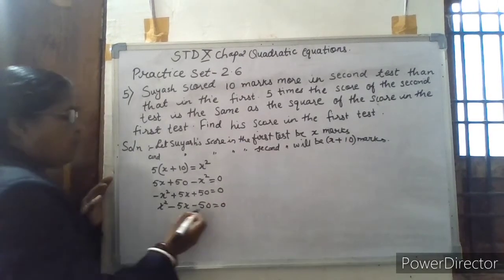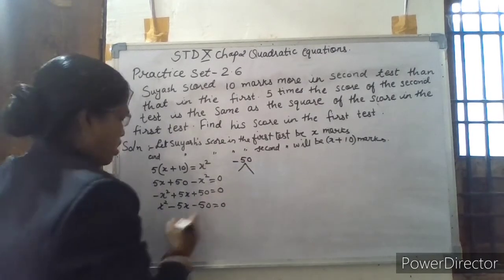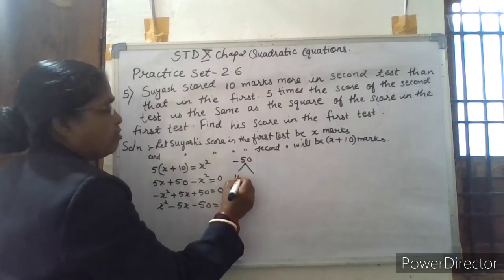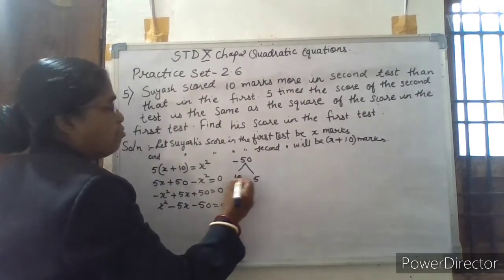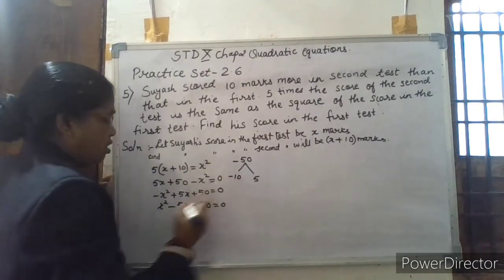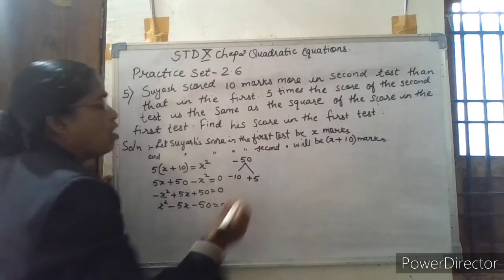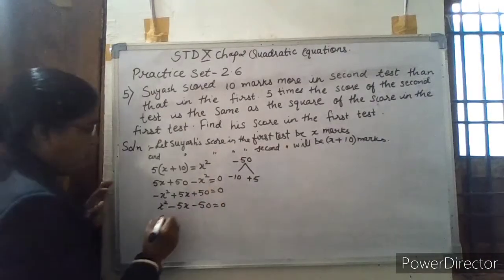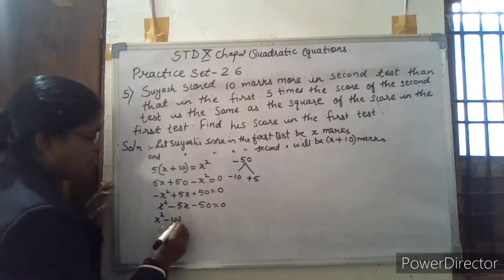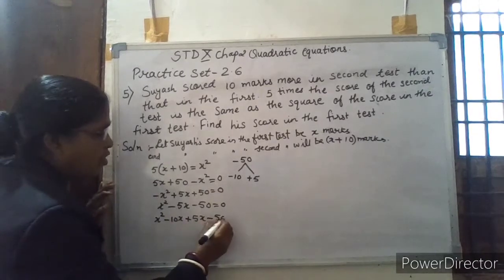Now factorize minus 50, to get the middle term minus 5. So 10 times 5 is 50, and 10 minus 5 is 5. So put the middle sign for the greater number, the opposite sign to the smaller number. Now write it: x squared minus 10x plus 5x minus 50 equal to 0.